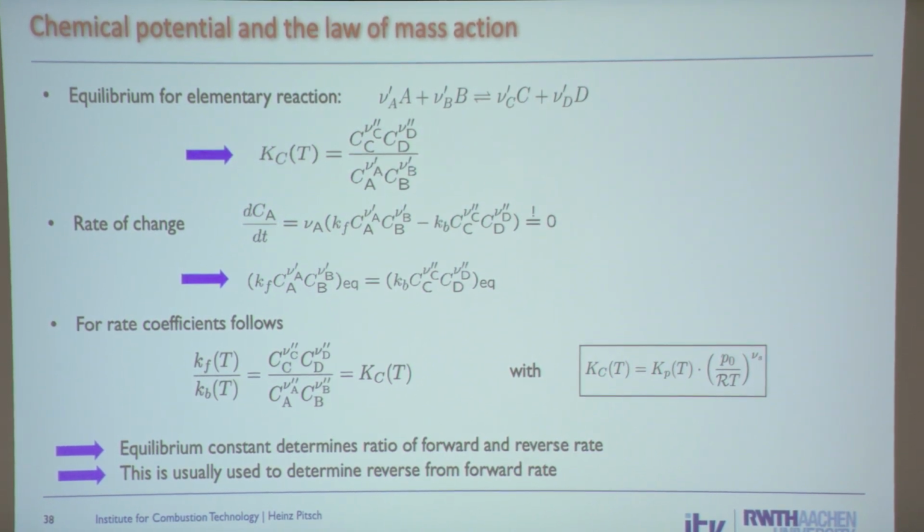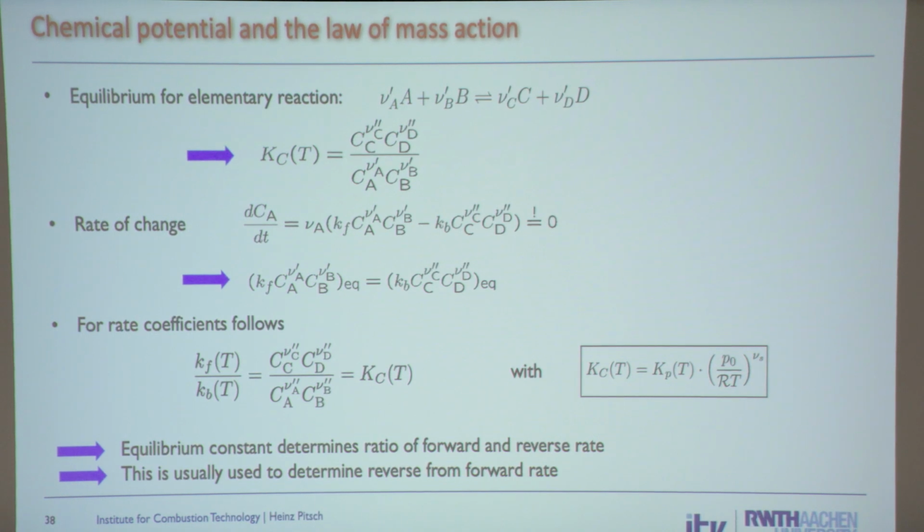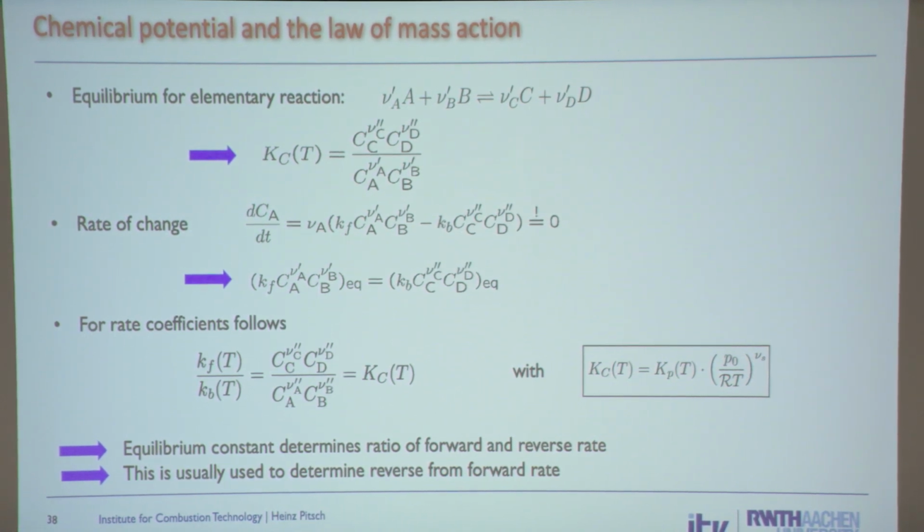Now, we're worried about equilibrium. In equilibrium, the rate of change of all concentrations needs to be 0, okay? Nothing can change anymore. And that means this needs to be equal to 0.